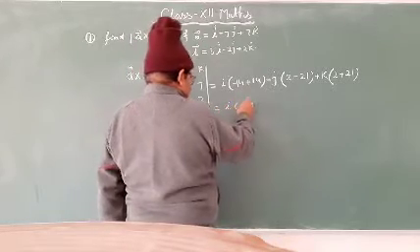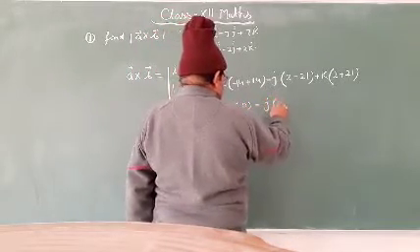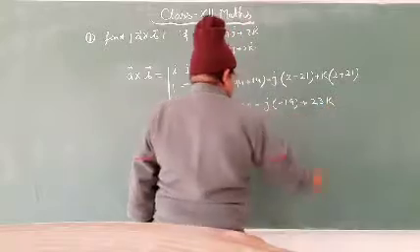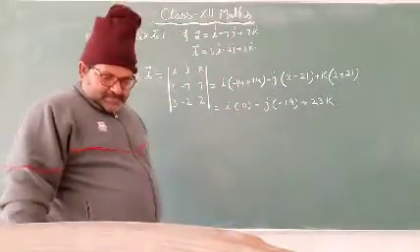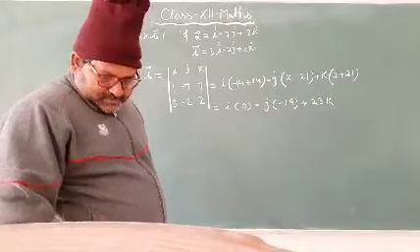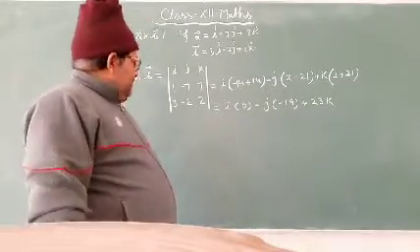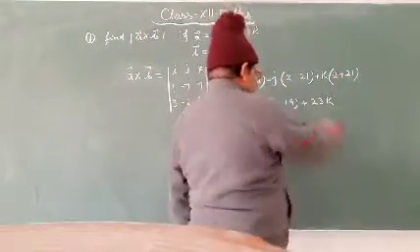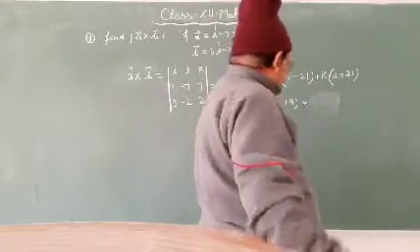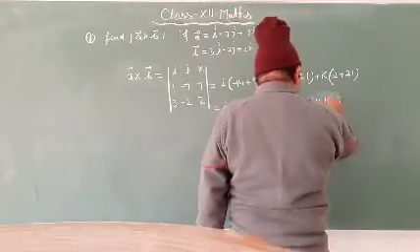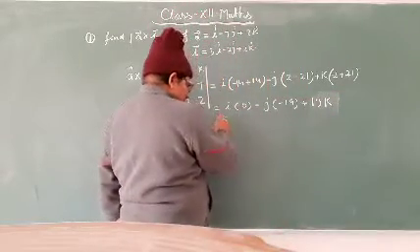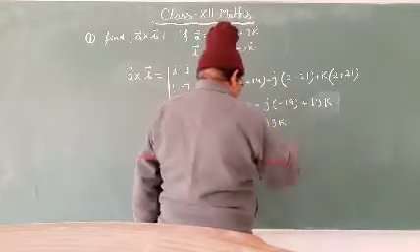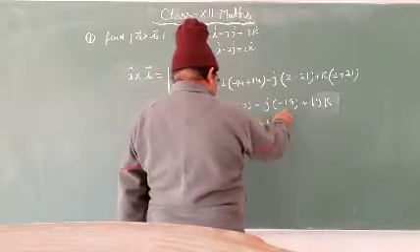Clear? That is i into 0 minus j into minus 19 plus 19k, and that's equal to 19j plus 19k, j cap and k cap.